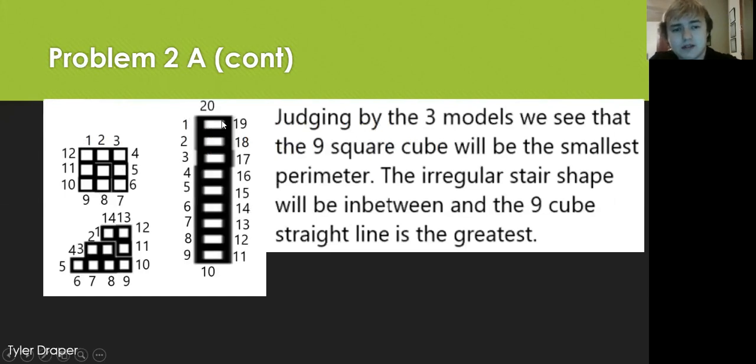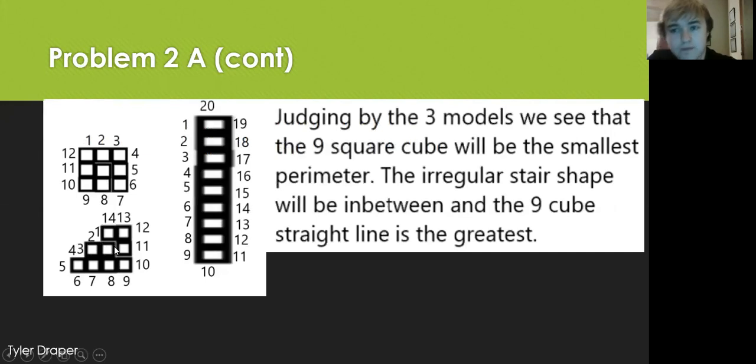Now let's look at the 9 cubes in a straight line, and I've counted them 1 all the way to 20. We see that that's going to be the most perimeter, because those cubes are open and we're able to count almost each cube for the perimeter, whereas in the 3 by 3, we're not counting the perimeter for this cube, and this one doesn't get any perimeter for the stairs.